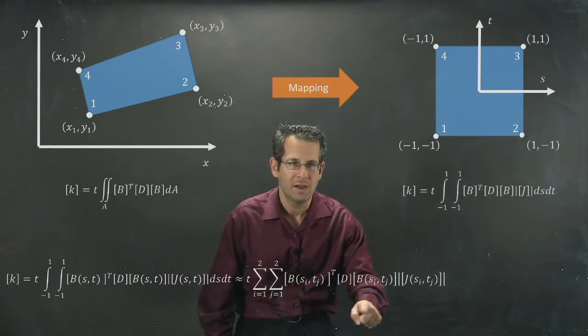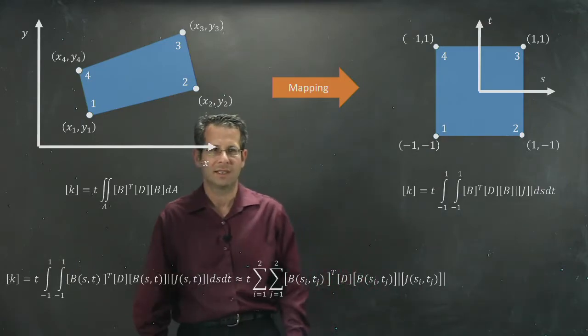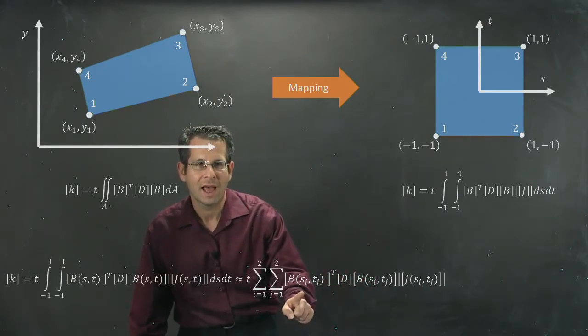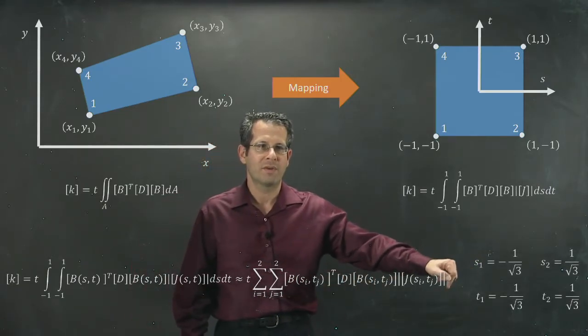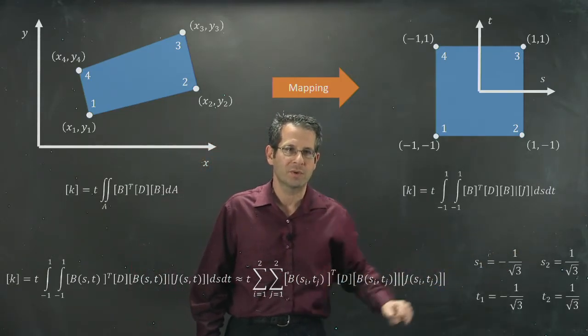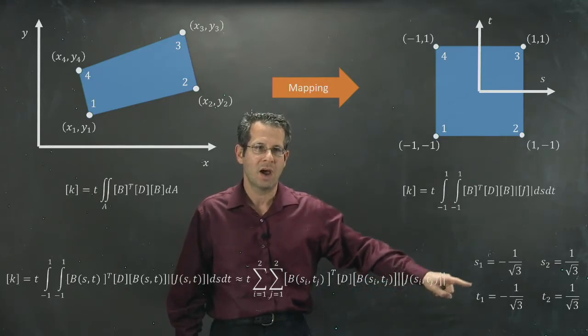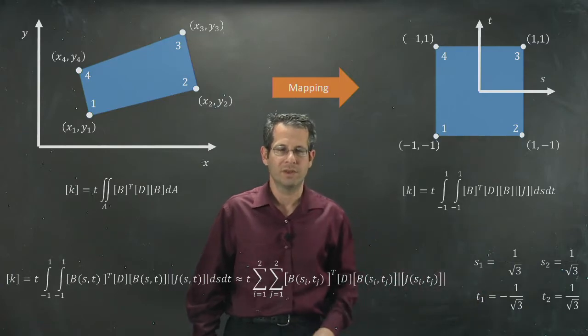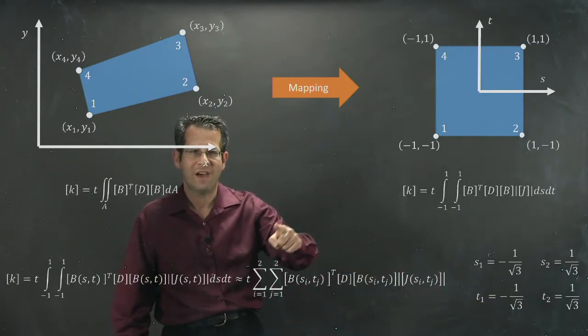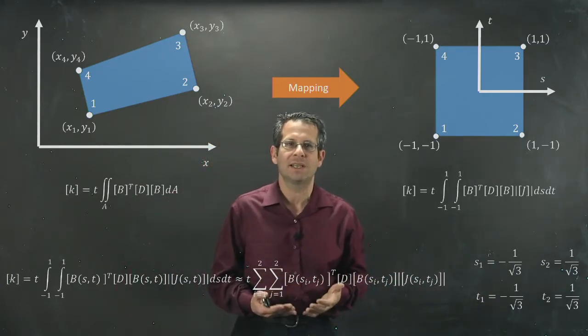So there are only 4 terms coming out of this summation. And remember, S1 and S2 are simply -1 over the square root of 3 and +1 over the square root of 3. And T1 and T2 are just -1 over the square root of 3 and +1 over the square root of 3. So evaluating this may seem somewhat tedious.